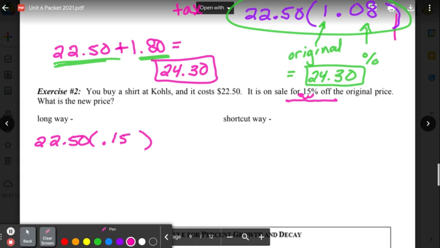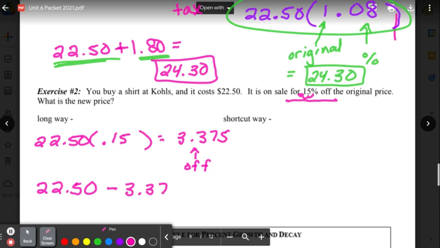When you put that in your calculator, you get 3.375. This is your discount. This is what you're taking off your purchase price. So instead of adding like we did in the first problem, we're going to subtract 3.375. And in my calculator, I get 19.125. Now this is money. So money is 2 decimal places. So it's going to be 19.13.